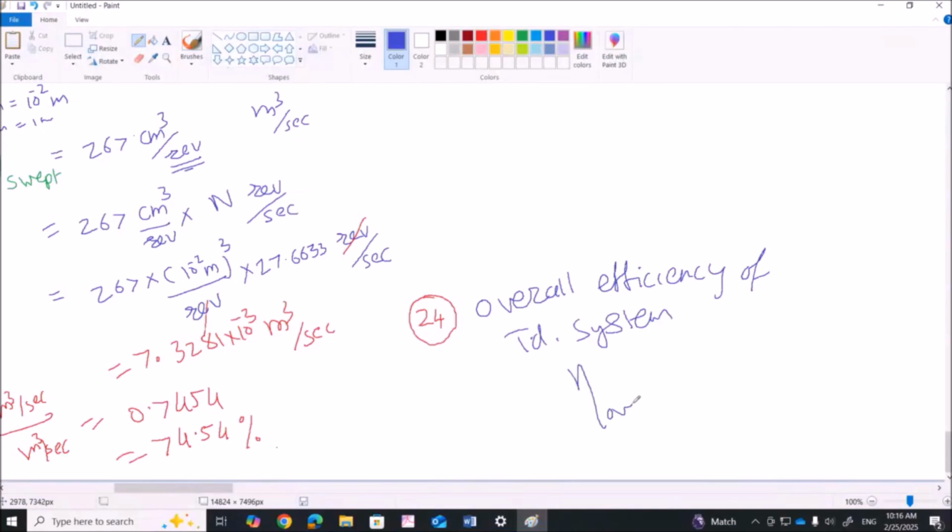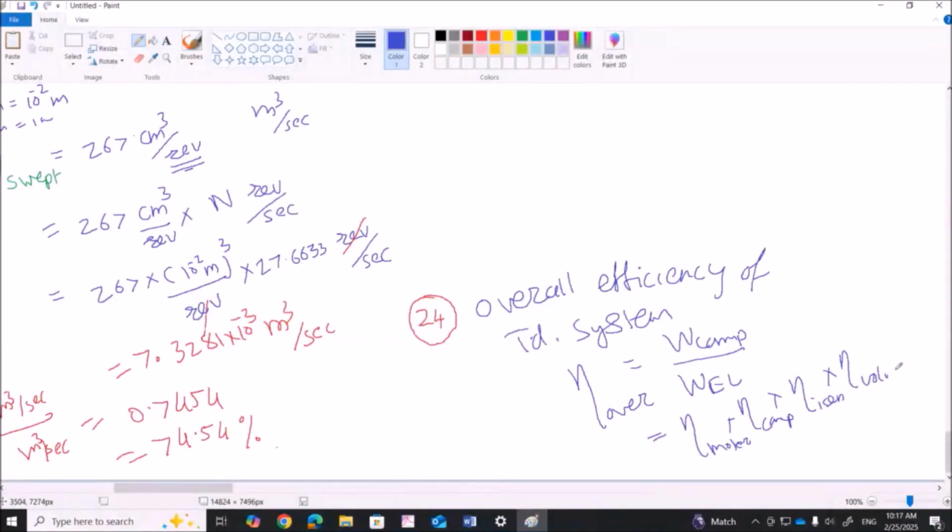N overall is equal to output over input. The output is W com, work done by the compressor on air, and the input is W EL. Or it is given by the efficiency of the motor multiplied by the compressor, multiplied by isentropic, multiplied by volumetric.